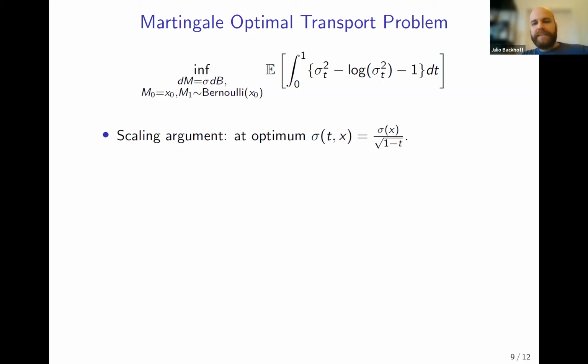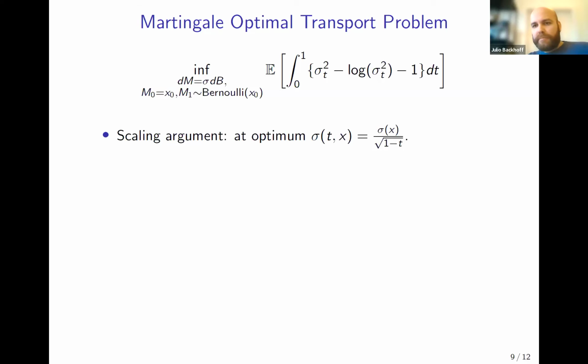If you play around with that, this suggests that solving the problem in the interval 0 to 1, well, if you look at the interval from t to 1, that sub-problem looks exactly like the original problem. It's just that your time span went from 1 to 1 minus t. Because of this symmetry of the problem, you would expect that the optimal volatility also scales in that way. And that's the ansatz, the educated guess, that sigma(t,x) decomposes as a function sigma(x) and something that scales with 1 minus t. And this is the right order, okay?